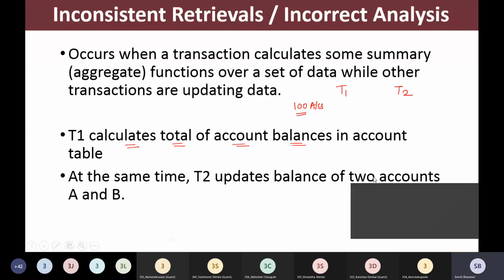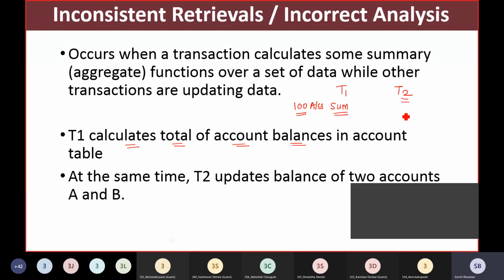Right? So what my T1 is doing? My T1 is summing up the account balances. So I'm having 100 accounts. So all those 100 accounts are having 100 different balances. So transaction T1 is simply computing the sum of balances.